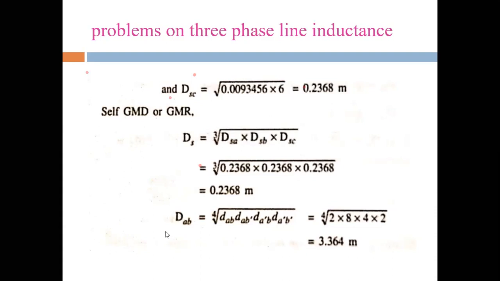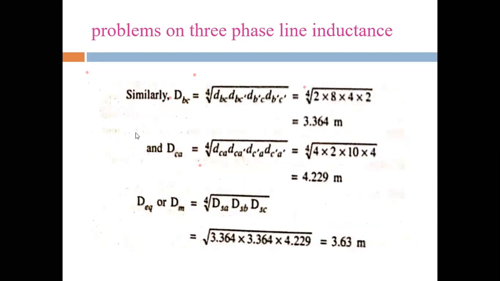That is DAB, equal to the fourth root of DAB, DAB dash, DA dash B and DA dash B dash. By using these formulas, we calculate DM, which is equal to DSA, DSB, DSC.